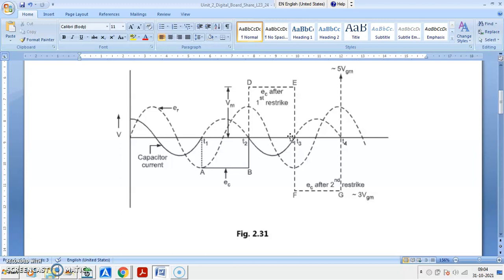So this is particularly maintaining the arc. The voltage across the terminals may rise up to 4 times across the circuit breaker. So you may have one restrike, a second restrike, a third restrike because of current chopping.